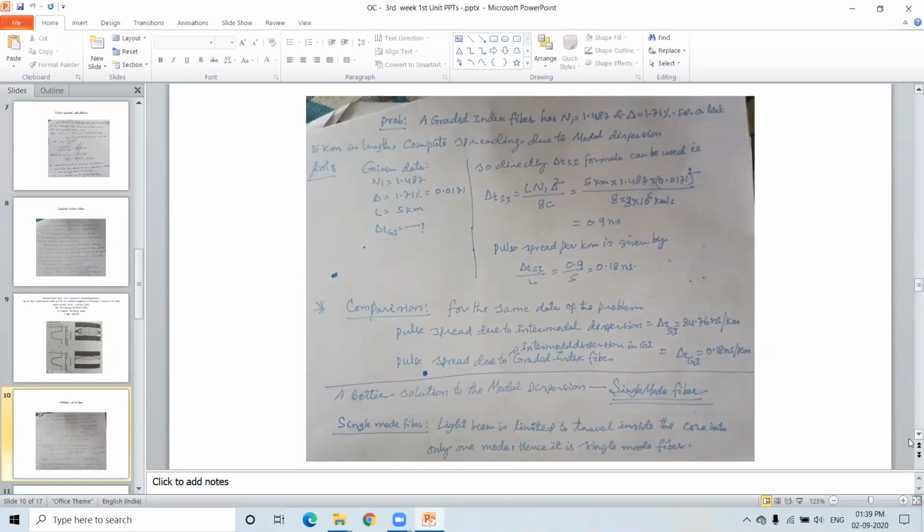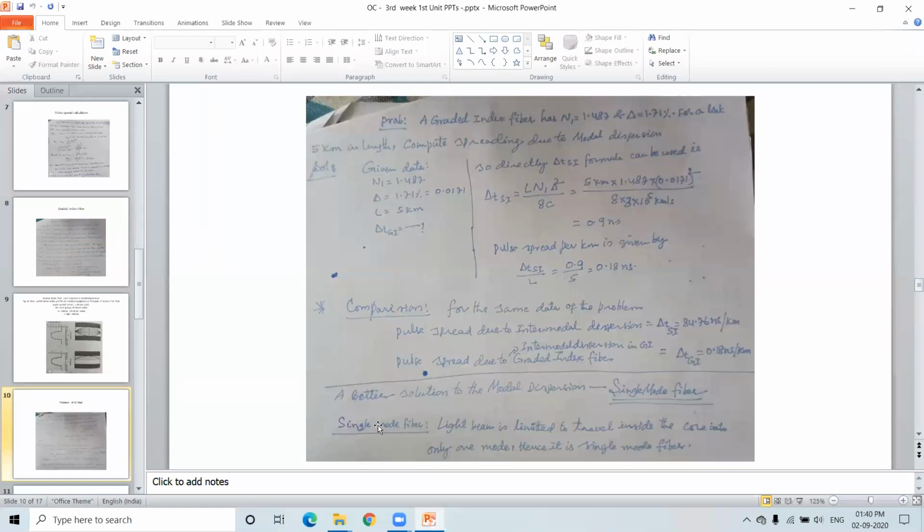Therefore, their velocities are going to be varied. Therefore, different modes are traveling at different velocities accordingly, and they are reaching more or less at the same time. Therefore, pulse spread is reduced. The pulse spread is very small compared to the 84 nanoseconds. It is 0.18 nanoseconds. Therefore, as the pulse spread decreases, the bit rate increases. This is the first solution to the intermodal dispersion.